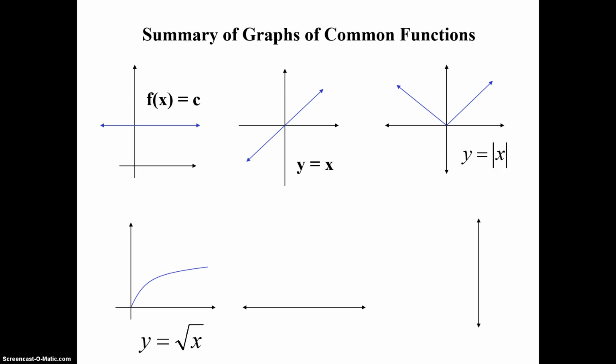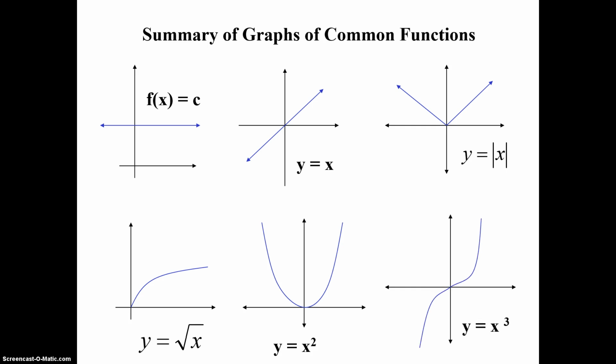Very quickly, again, we have the constant function, linear function, absolute value function, radical function, quadratic function, cubic function, and then of course the other two, which are the reciprocal, or in other words, the rational function, and the greatest integer function, in other words, the step functions. So make sure you do know those characteristics.